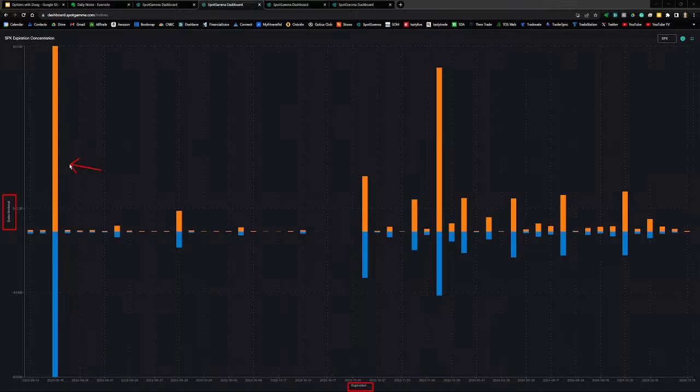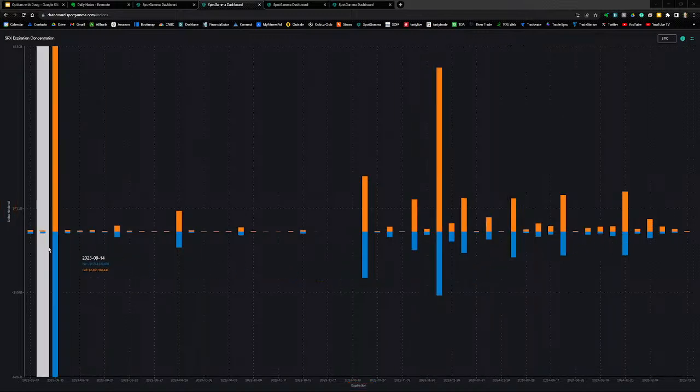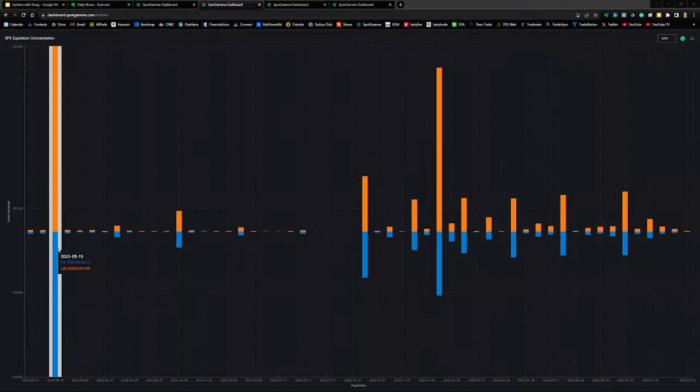This is the big September expiration. And for SPX especially, the quarterly expirations, monthly expirations, March, June, September, December, are large expirations. And so this is the September expiration. If we hover over this, we can read the numbers there.